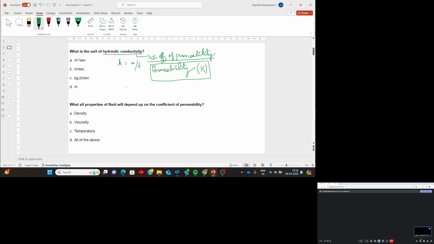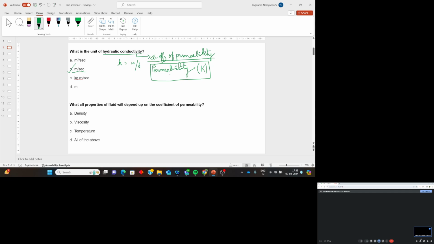In these sessions also, there might be some questions where we have intentionally kept it as permeability. I would like the learners to point out these intentional mistakes and rectify them. So we know that here the unit is meter per second.